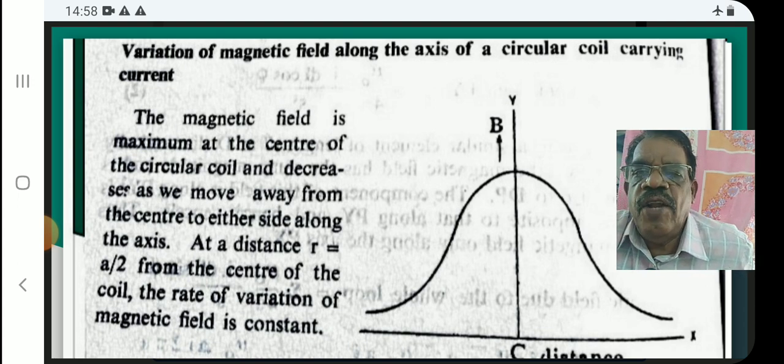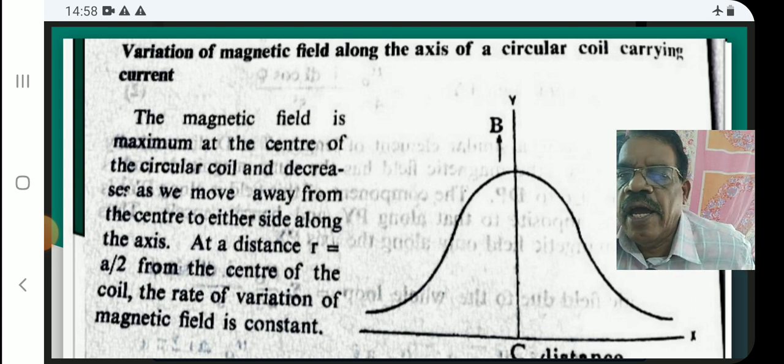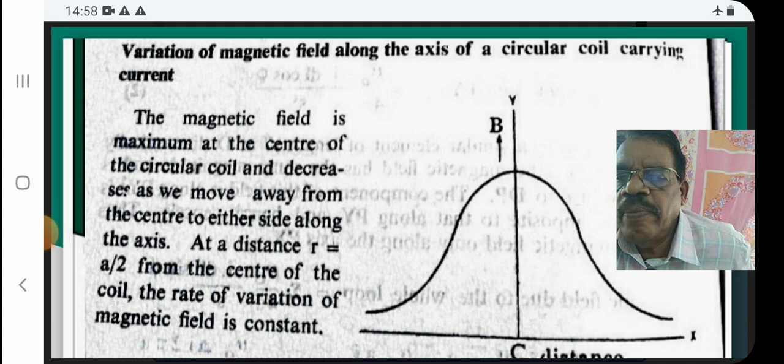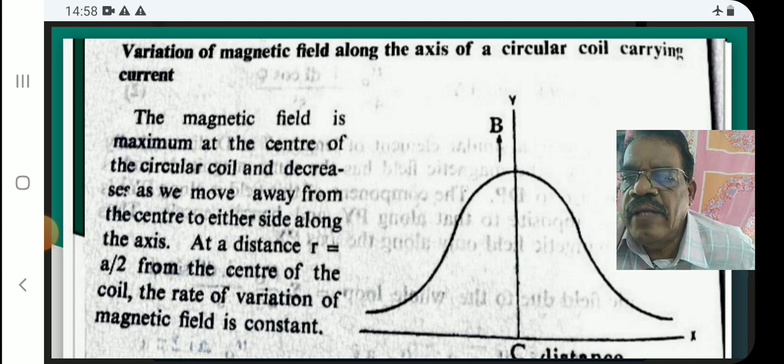Variation of magnetic field along the axis of a circular coil carrying current. The magnetic field is maximum at the center of the coil and decreases as we move away from the center to either side along the axis.